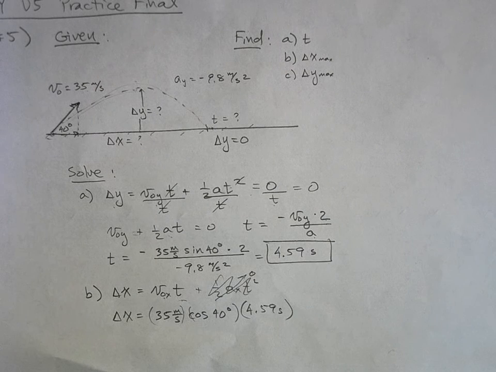I'm going to go 35 times 40, and then I hit cosine equals, and I get 26.81, and then I have to multiply that by 4.59, and I got 123. Woo!